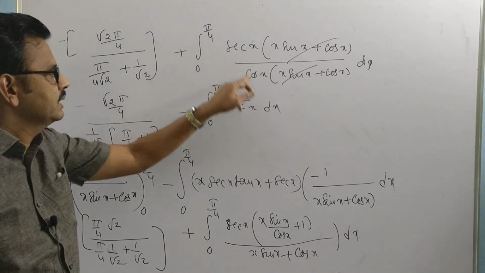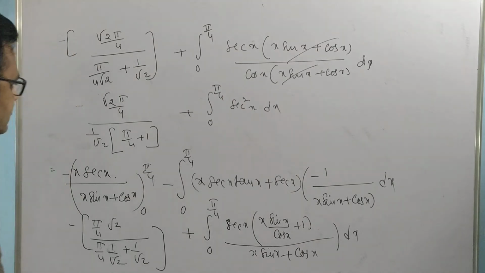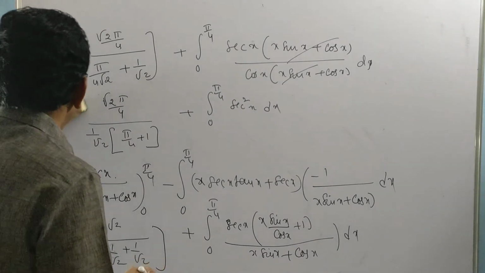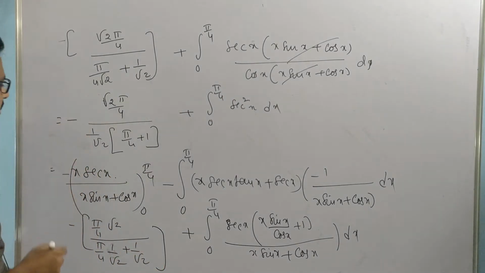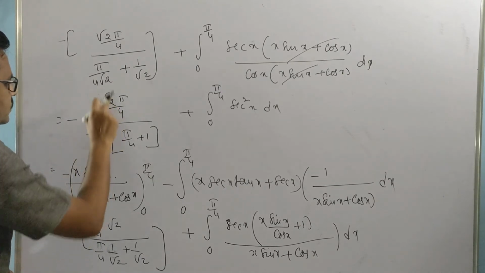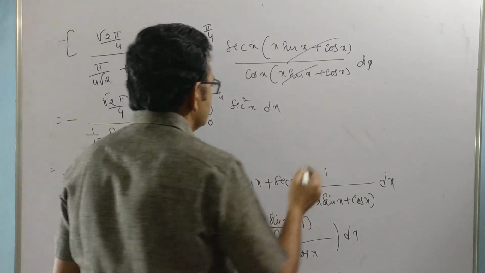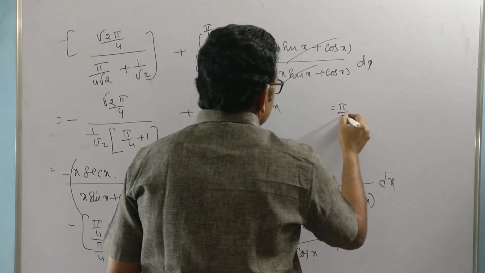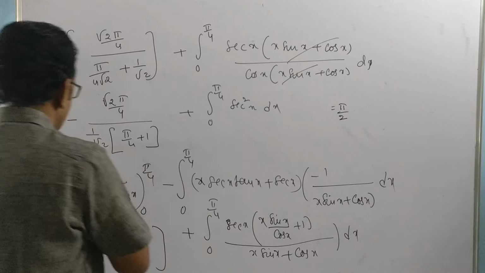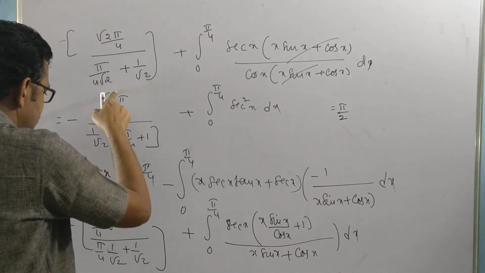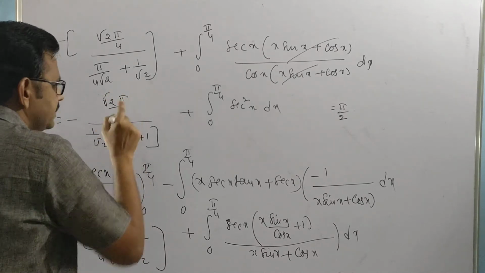So this is secant x by cos x, secant square x. This is already minus there. So 2 pi by 4, that is pi by 2.